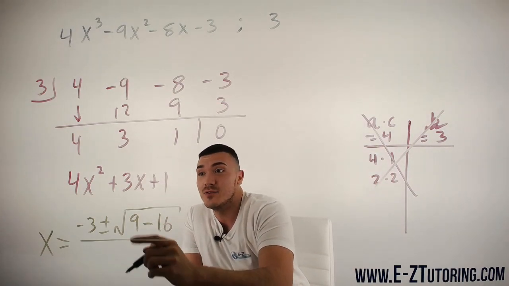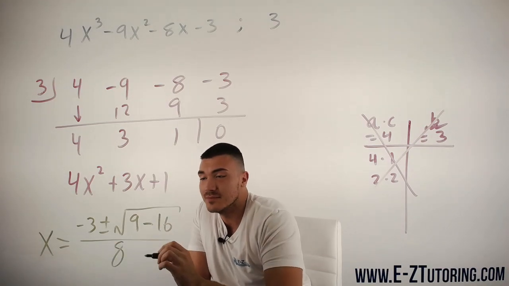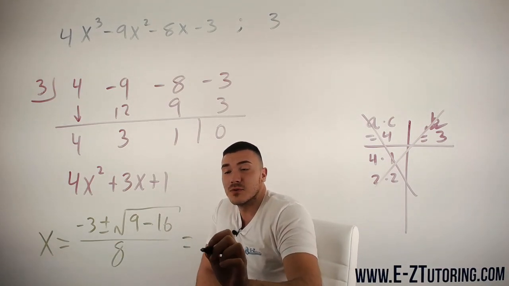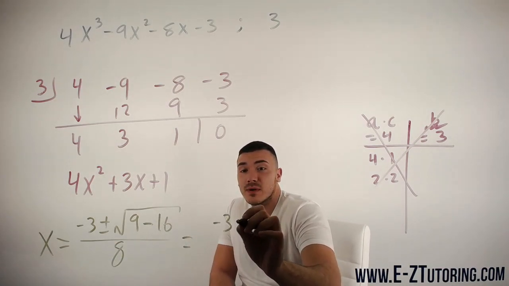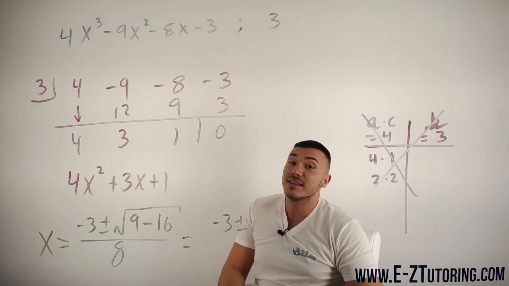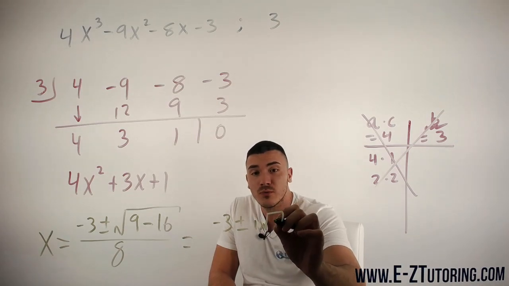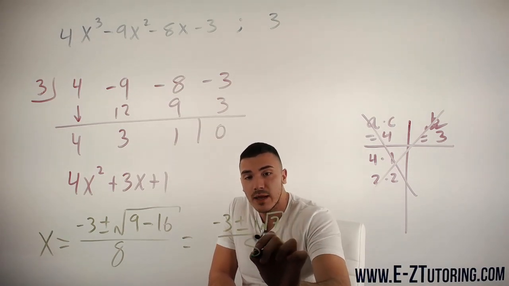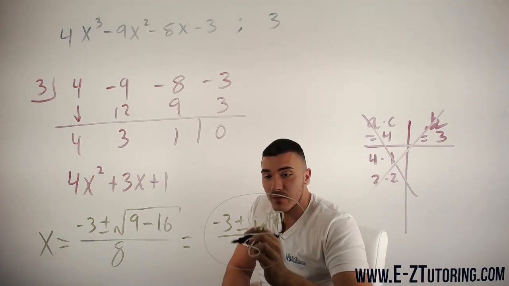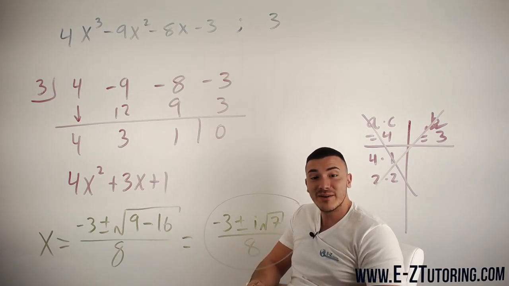All over 2a, 2 times 4, which is 8. So this is equal to negative 3 plus or minus 9 minus 16 is negative 7. So I will say i square root 7 all over 8. So these over here are your remaining roots.